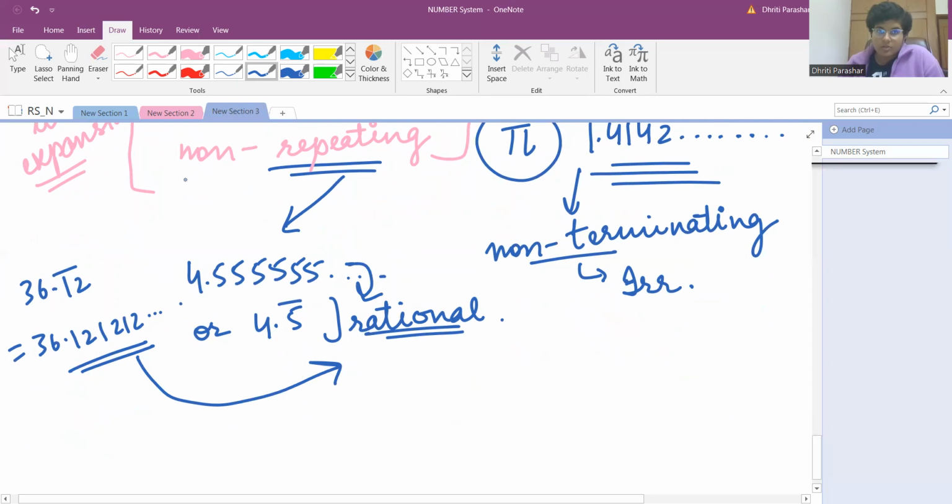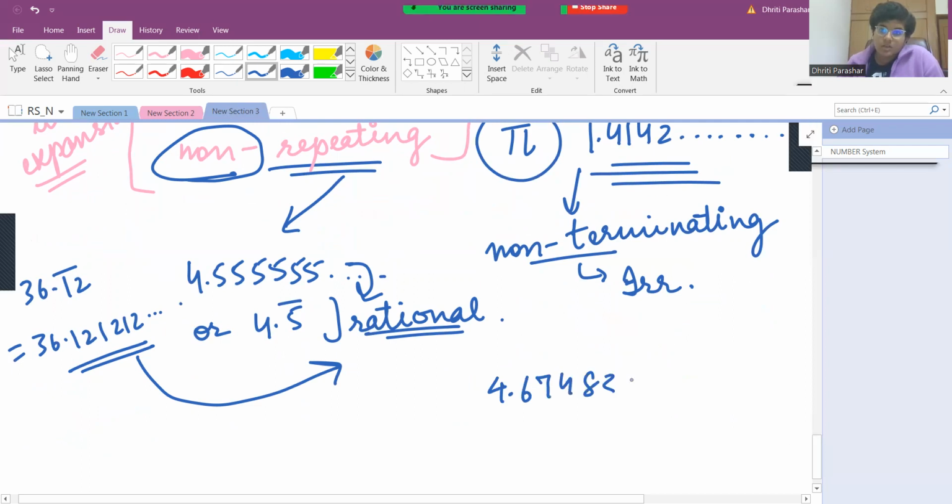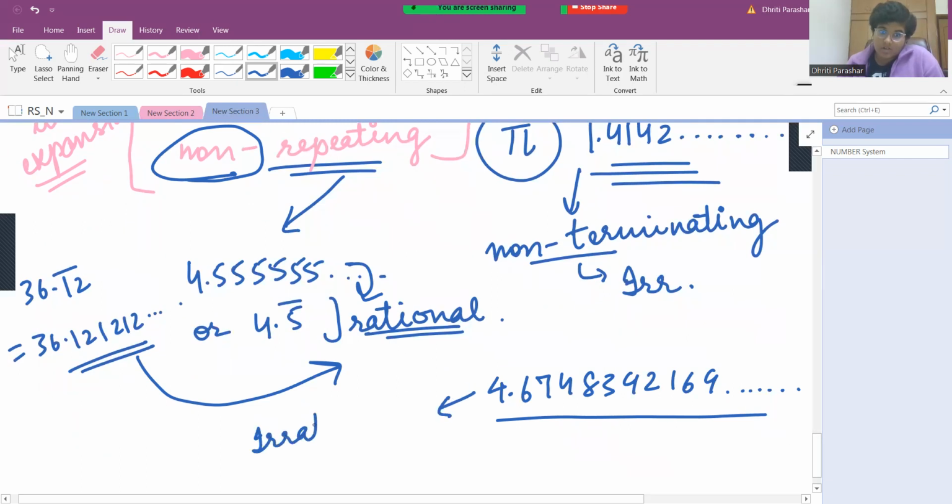But talking about non-repeating, if there is a number, for example, 4.6748392169, and so on, this is an irrational number.